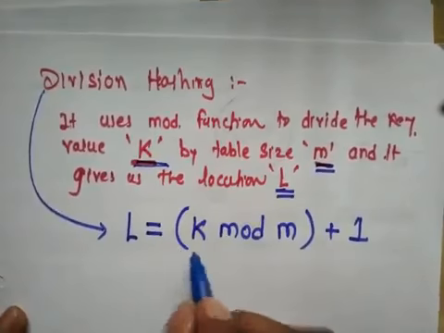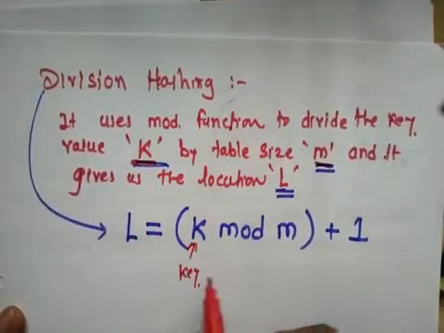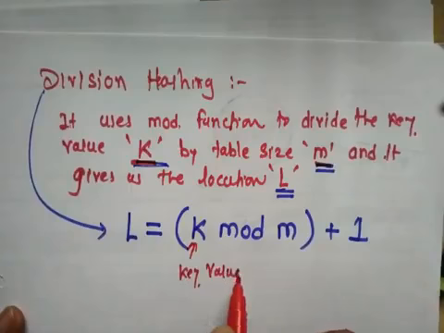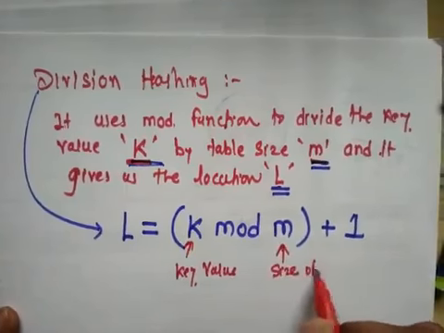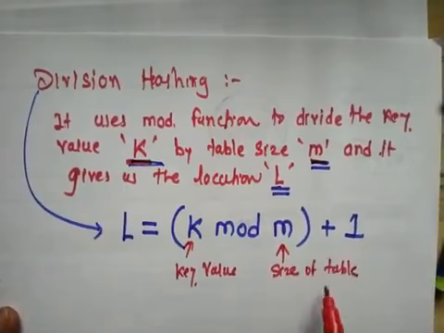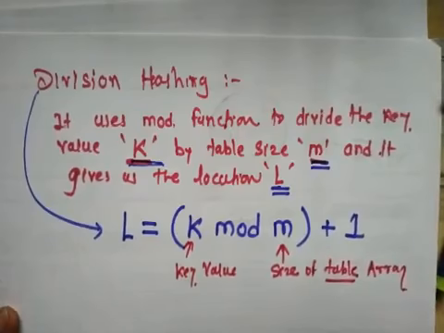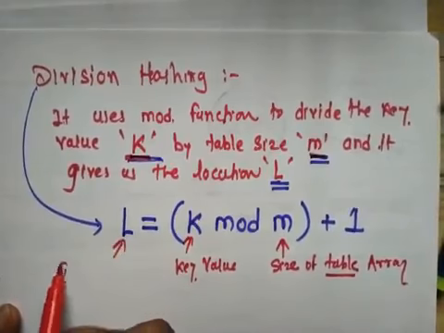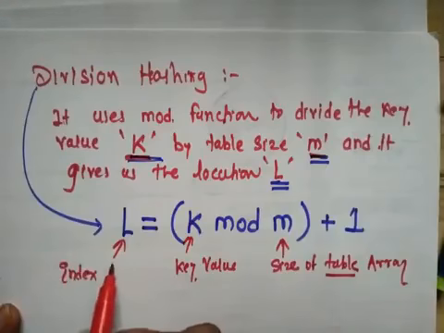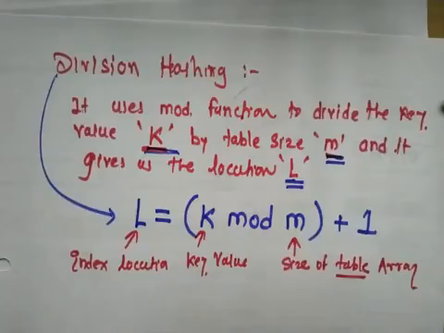So here K is the key value. M is the size of the table. Here table means array. And L is the index location where we store an element or key value.